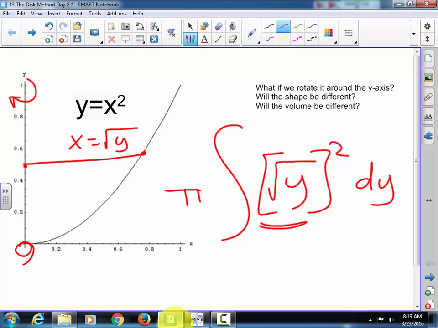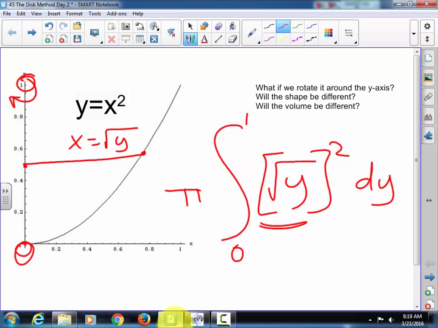They are from this point down here, 0, up to this point right here, 1. Okay? The key thing for you to remember is dy means that the expression we're integrating has to be y. It means our limits of integration have to be y.